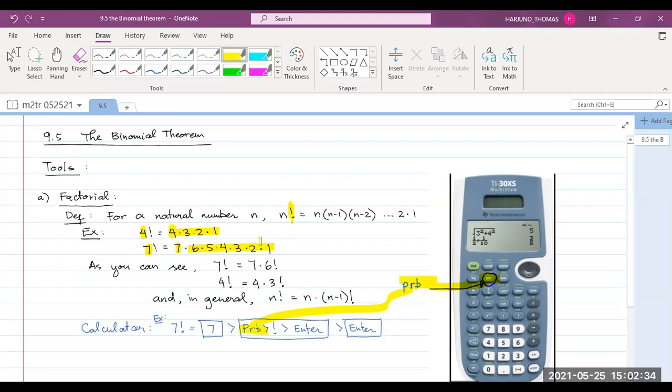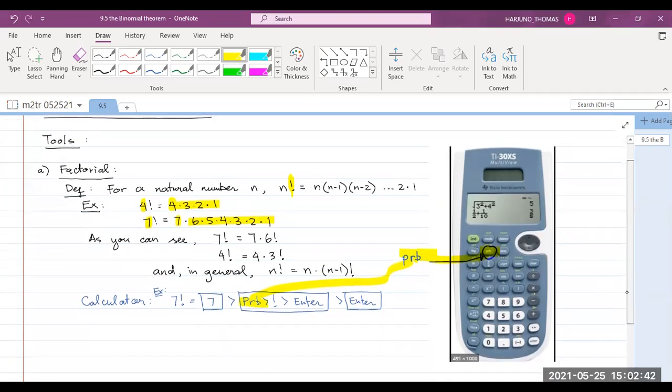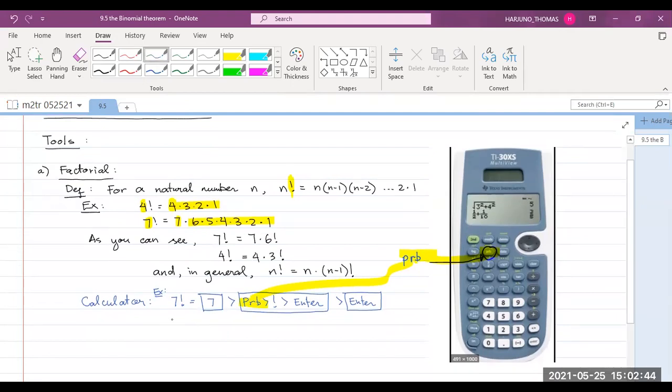Okay, now let me ask you to use your calculator to show that you know how to compute this. Let me ask you to compute 4 factorial first. You punch 4 and then PRB. The PRB button is here. Then you choose the exclamation and then enter.